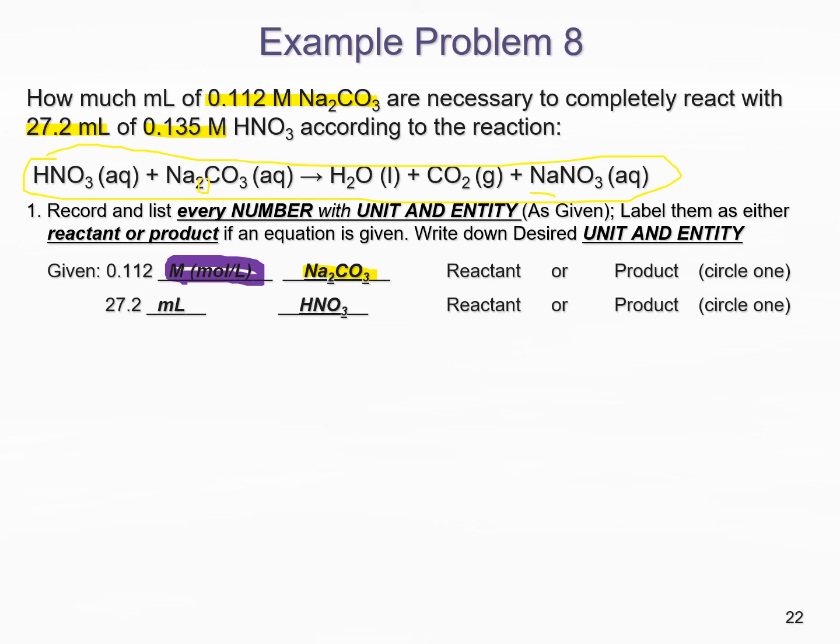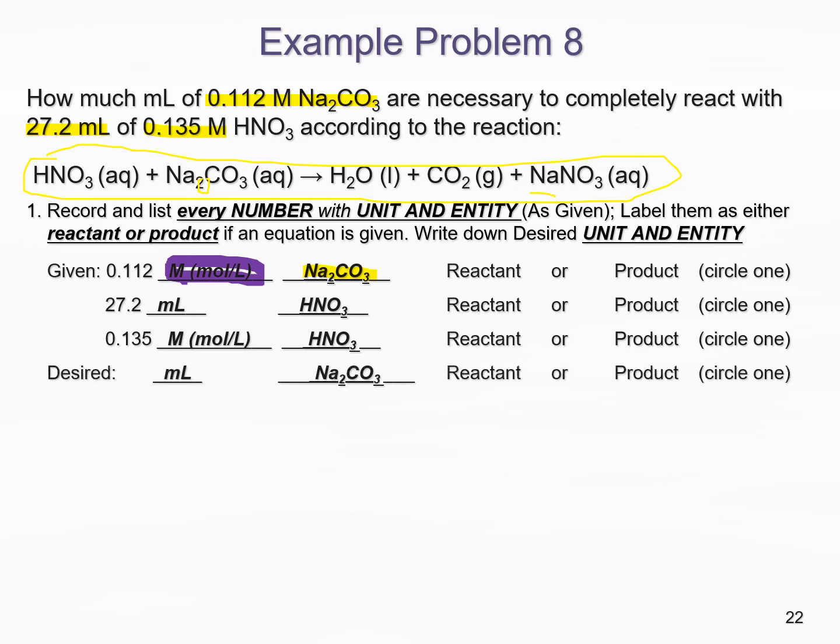All right, 27.2 milliliters of the same solution, also nitric acid, so nitric acid solution. And the concentration of the nitric acid solution is moles per liter. And the question wants us to figure out the milliliters of sodium carbonate. When we organize information, we need to do that very carefully because sometimes they could have the same unit but very different substances. We need to know which one is which. All right, are these two reactants, both or one reactant or one product?